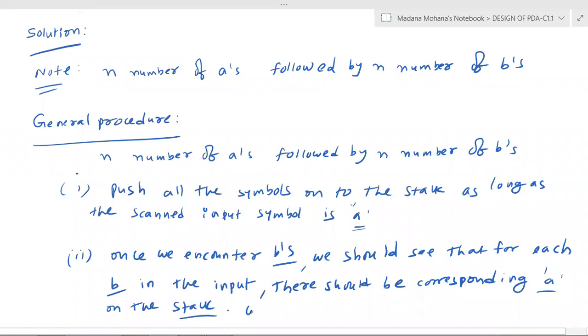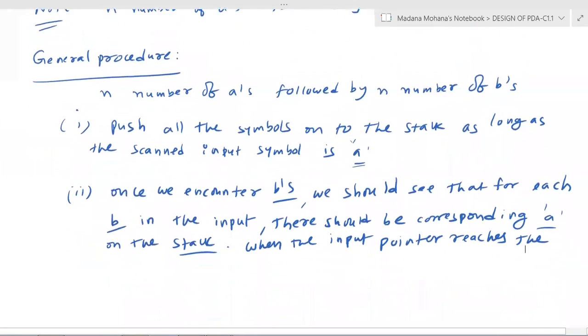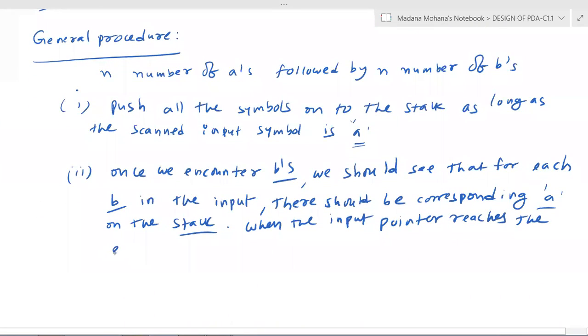So when the input pointer reaches the end of the string, at that time the stack should be empty.